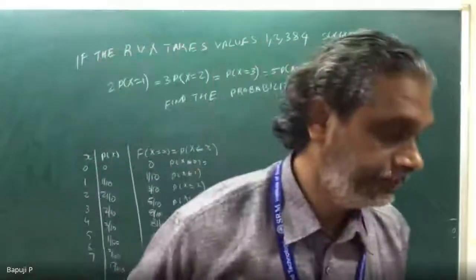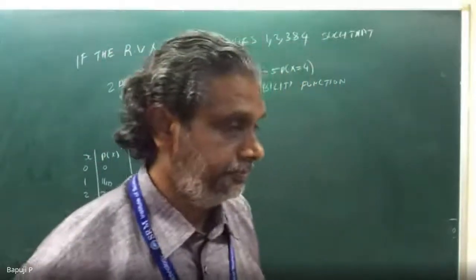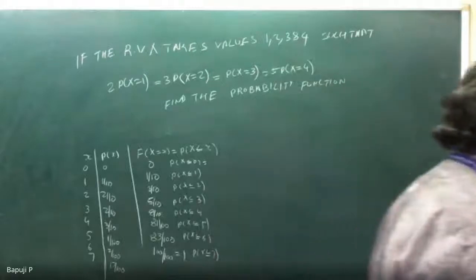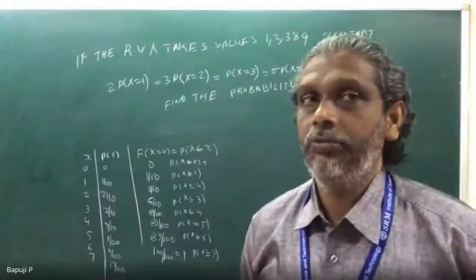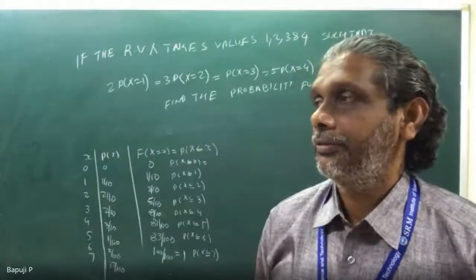How will we do it? We equate everything with 1. How can you equate? The total probability should be 1 for each function, for each variable. How can you say each is equal to 1?